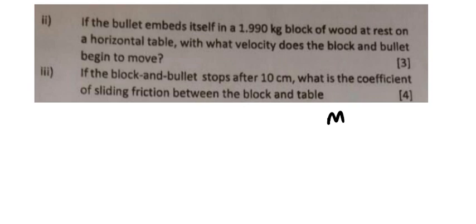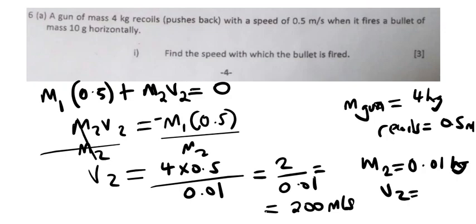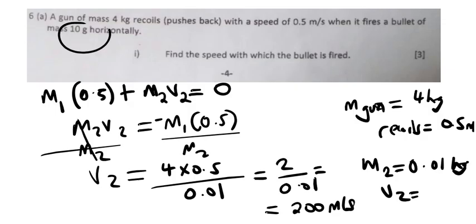You can watch our videos on momentum, where we explain all of this. So we have the mass of the block and the mass that we had initially. The other mass that we had was 10 grams, which is 0.01 kg.